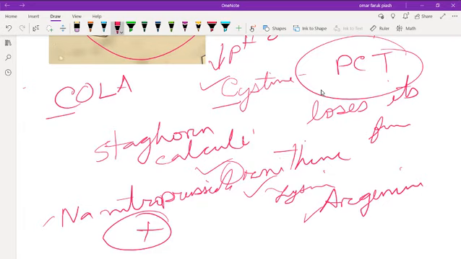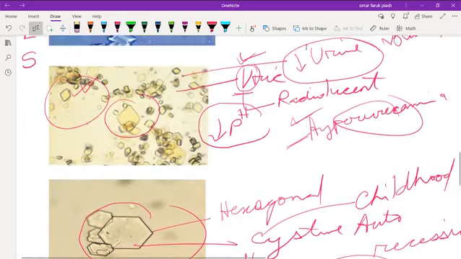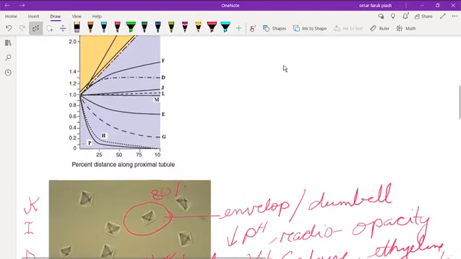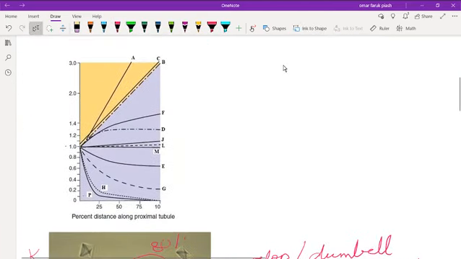And the last thing I want to discuss, a small thing, is the relative concentration along the proximal convoluted tubule. This is the picture of relative concentration along the proximal convoluted tubule.